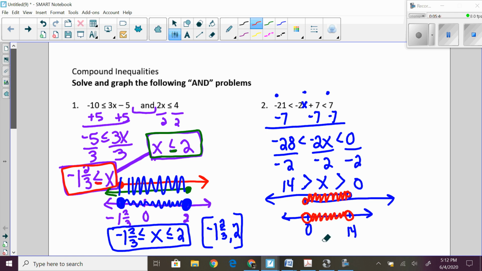So just like before, we can say x falls between but does not include 0 and 14. And that is set builder notation. In interval notation, we would say x goes from 0 to 14. And because we're not including the 0 and 14, we put parentheses. And that's the indication we don't use those.